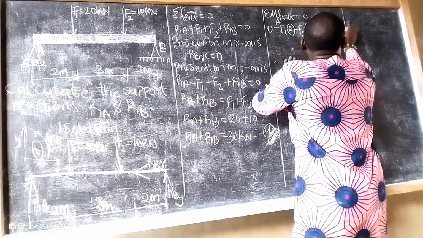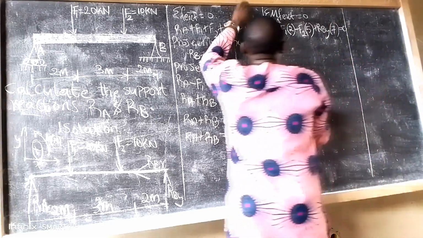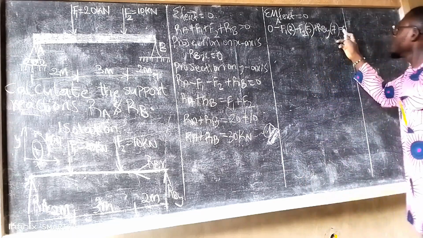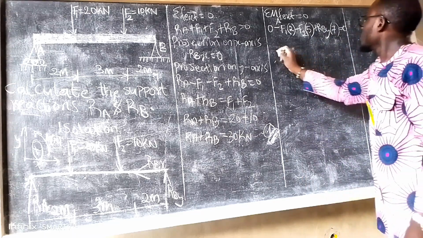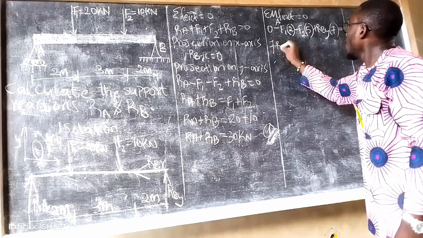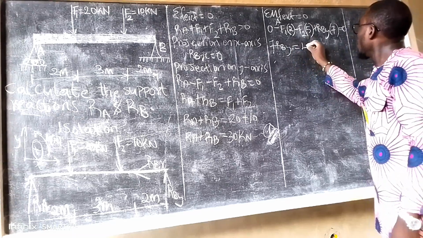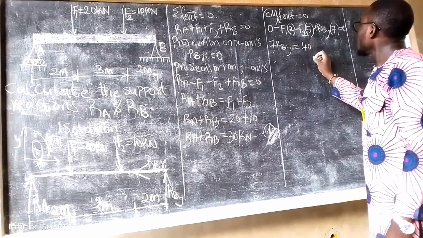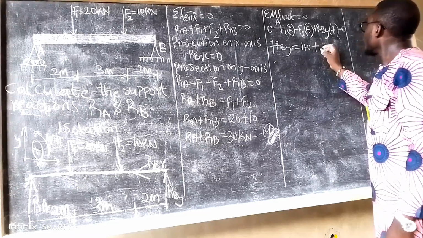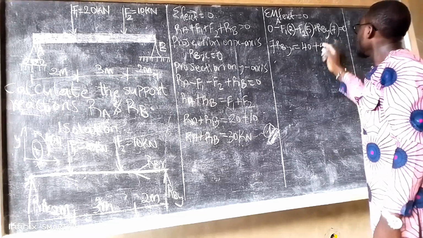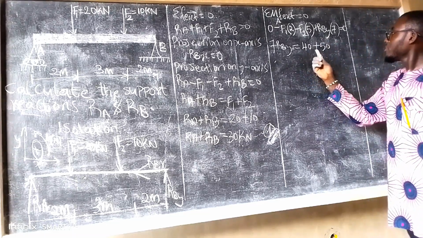So we equate it equal to 0. So we are going to say 7 RBY is equal to 40 plus 50.